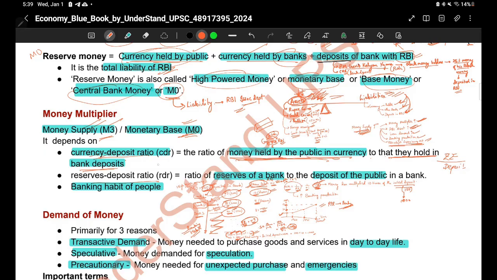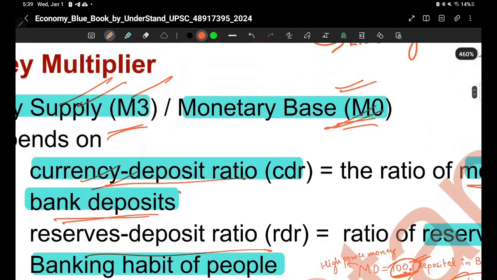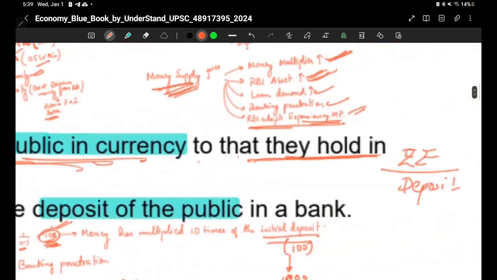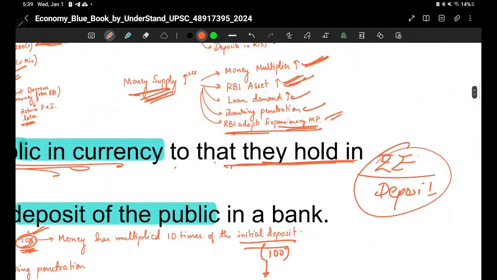Now, is high CDR a good thing or a bad thing? High CDR means what? If the CDR is high, it means they're holding more cash in their hand. So this is not creating any value in the economy.